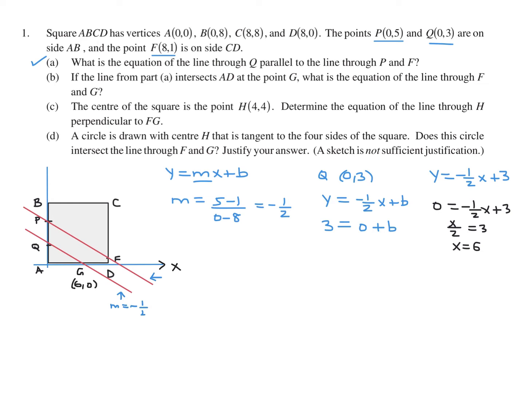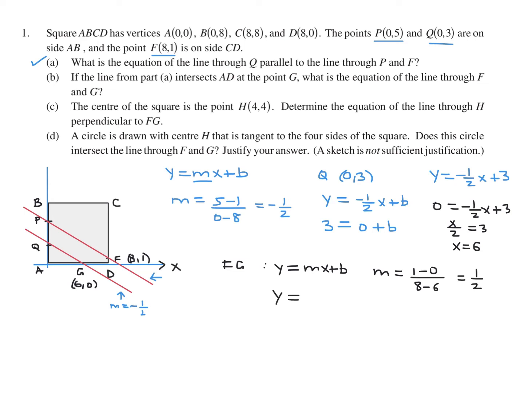Now they want me to find the equation of the line through F and G. F was (8, 1). That shouldn't be a problem. FG is y = mx + b. M is the difference of the y values over the difference of the x values, which is 1 over 2.